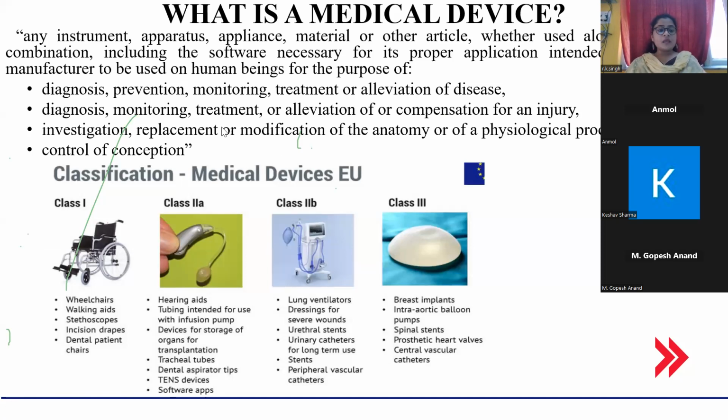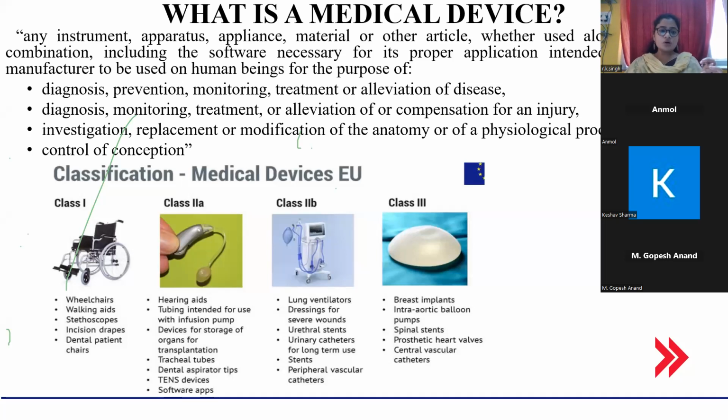So it can be defined as any instrument or apparatus or appliances which can be used alone or in combination. That means it's not only that one particular medical device can be used at a time. We can use an association or a number of devices or instruments together to treat a particular condition.